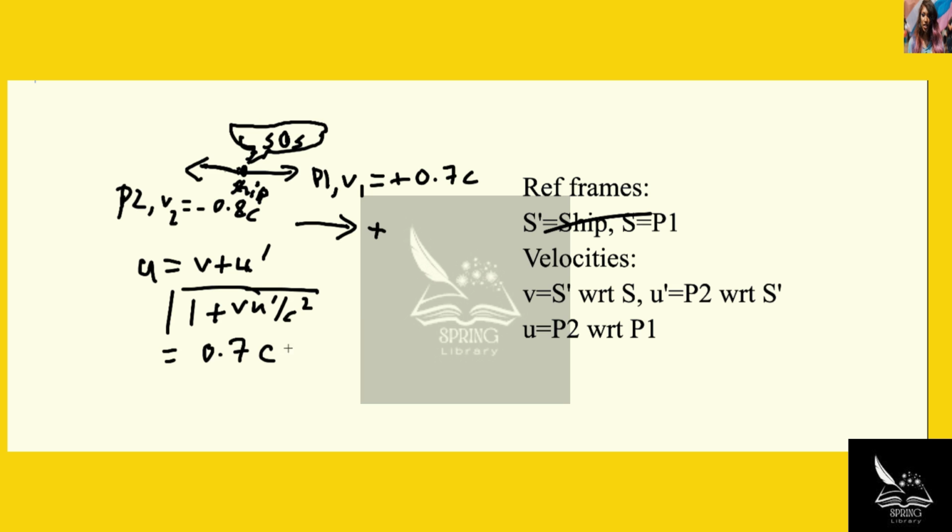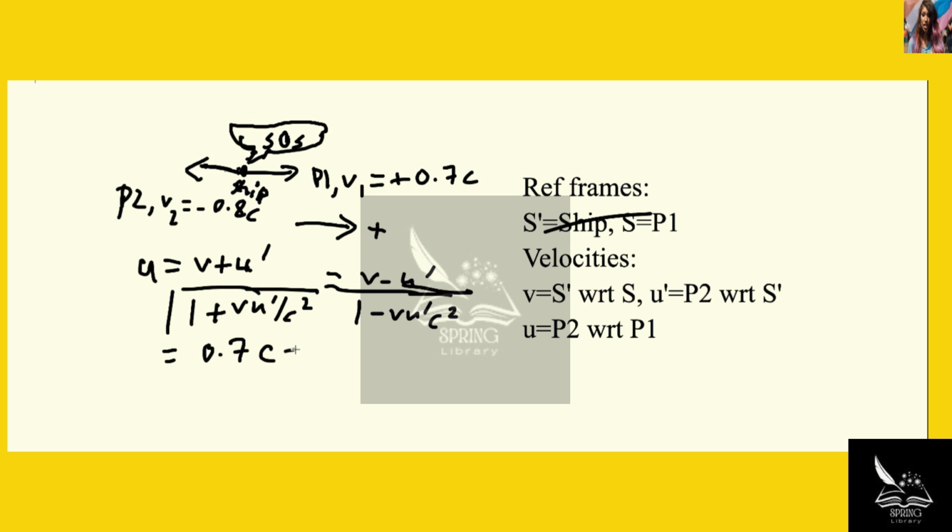The thing to note here is that this isn't exactly the formula we're using. We're actually using a different version, which is v minus u prime over 1 minus v u prime over c squared, because P2 is moving away from P1.